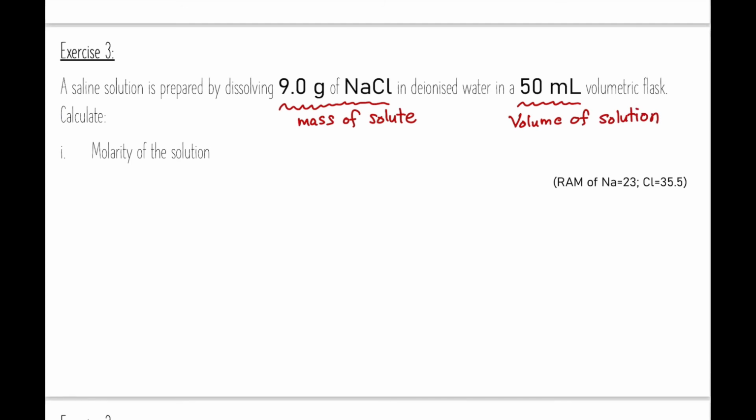As we know, molarity is equal to number of mole of solute divided by volume of solution in liter.